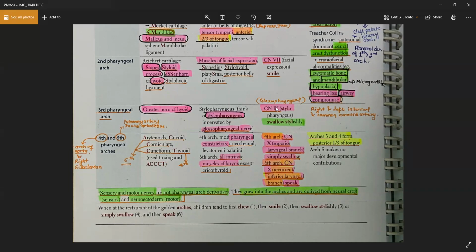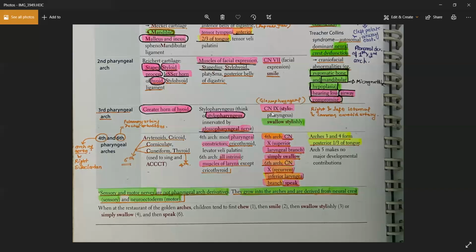For the muscles, the stylopharyngeus muscle is supplied by the ninth nerve, the glossopharyngeal nerve.